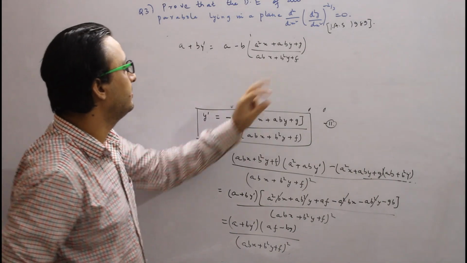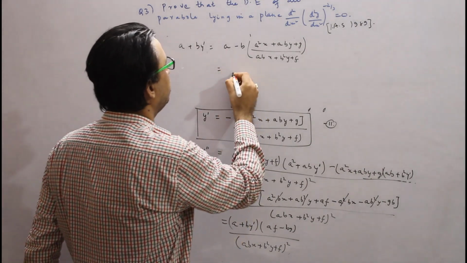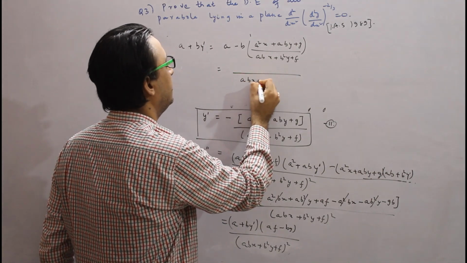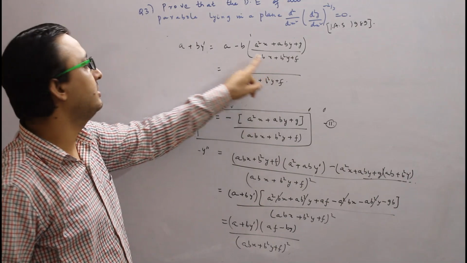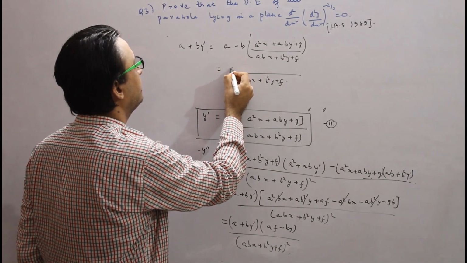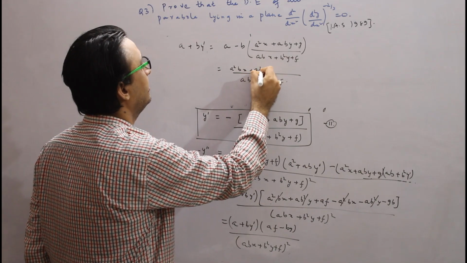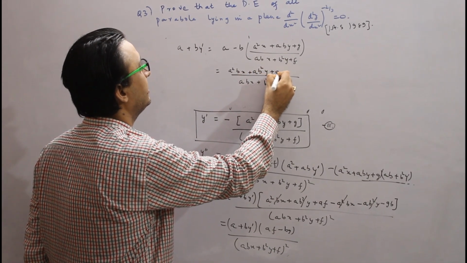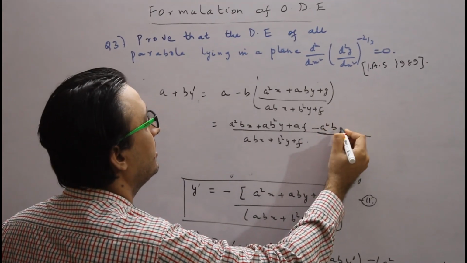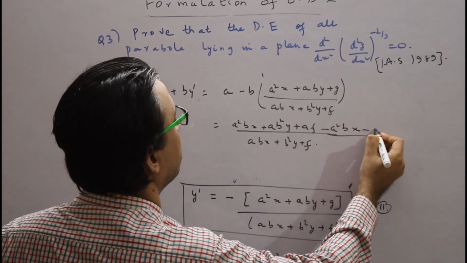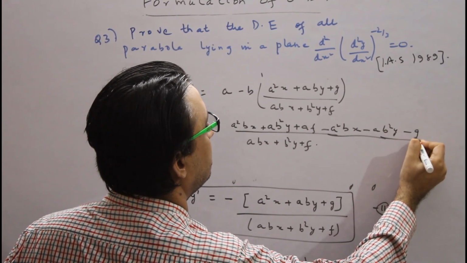Alright, so we will take this as LCM, abx + b²y + f. Now I will take this one to this one here, so this becomes a²bx + ab²y + af minus a²bx minus ab²y minus gb.